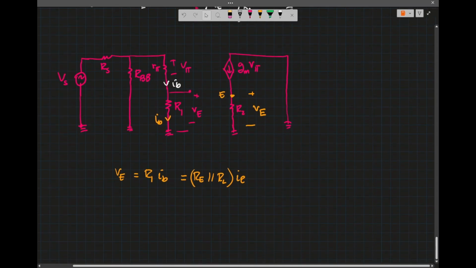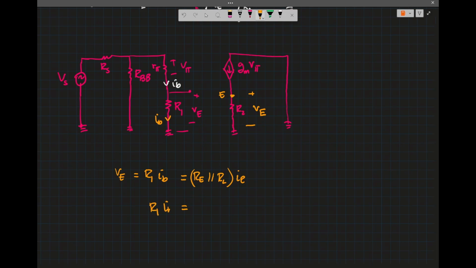But what is IE? IE is beta plus 1 times IB, so R1 IB equals RE parallel R load times beta plus 1 IB.